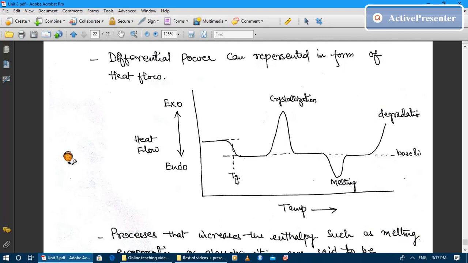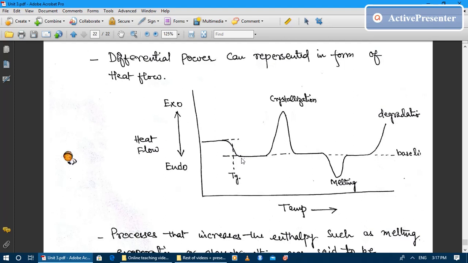Because of this segmental mobility, you will observe an endothermic transition on the downward side. If you draw a vertical line from the middle of this transition, it will indicate the glass transition temperature on the temperature scale.